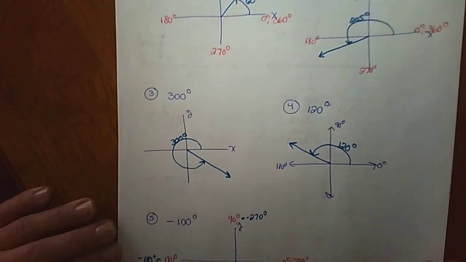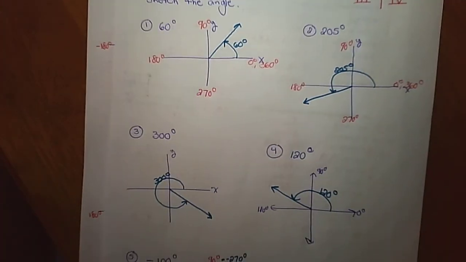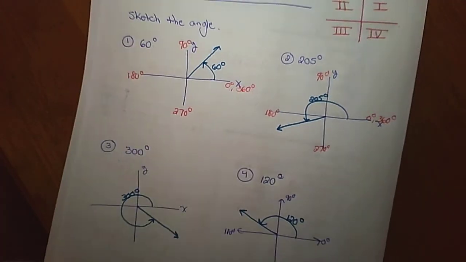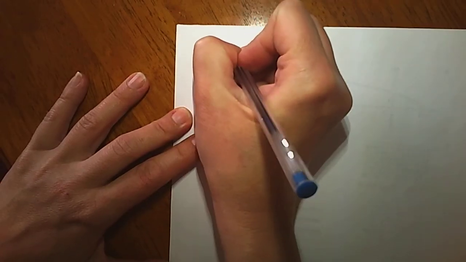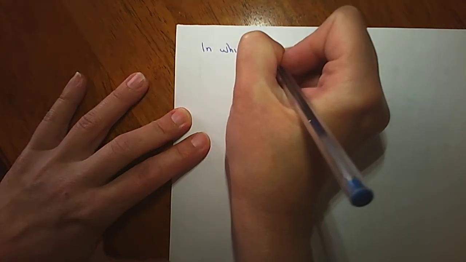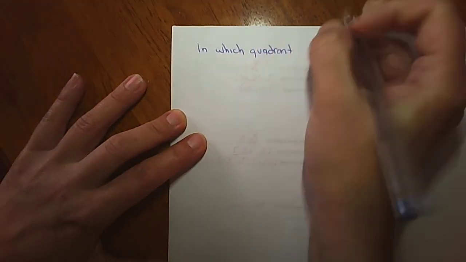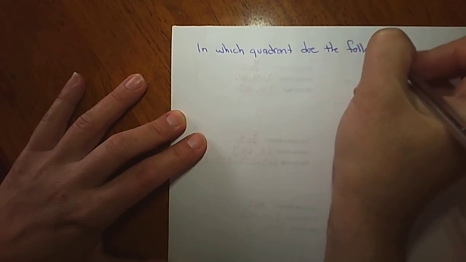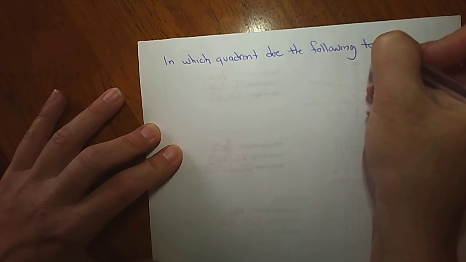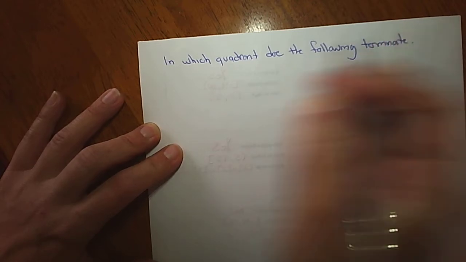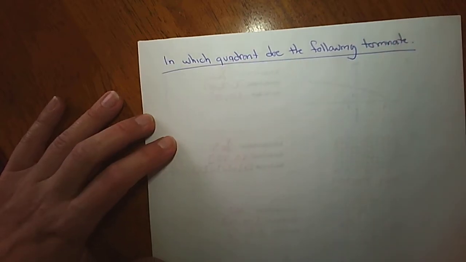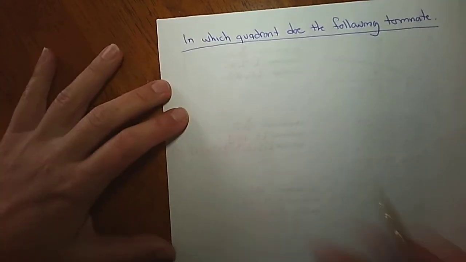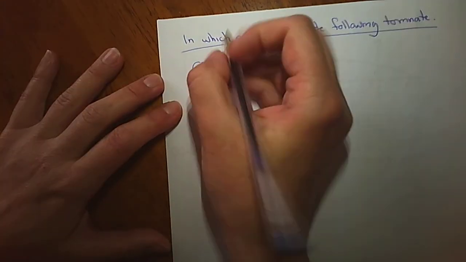Okay. So what I want you guys to do now is I'm going to give you a couple of angles, and I want you to tell me what quadrant they terminate in. In which quadrant do the following terminate? Terminate means to end up, right? In which quadrants do they terminate or do they end? So let's try a couple of these.